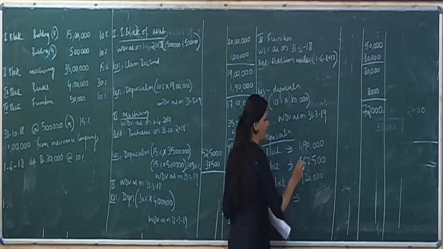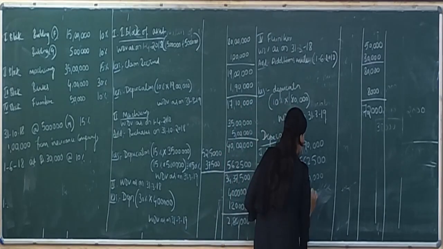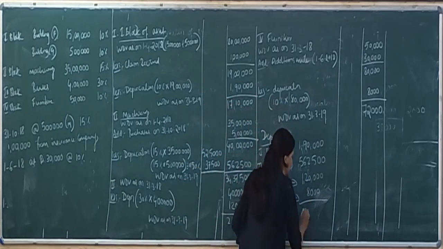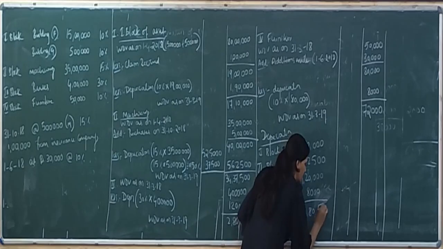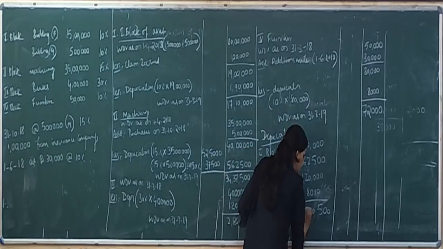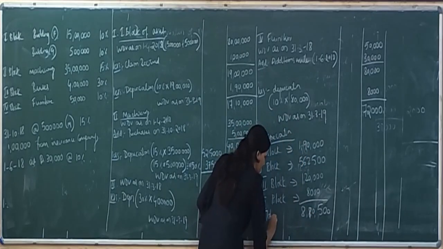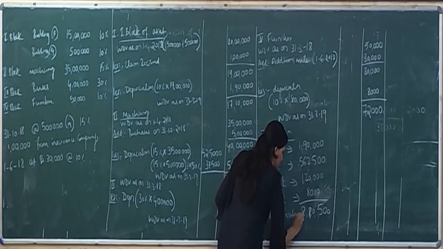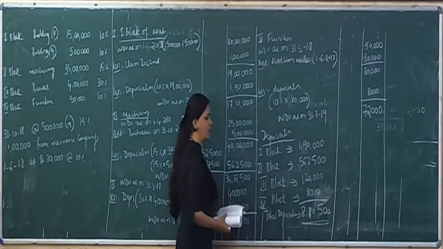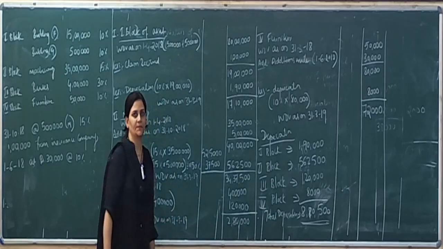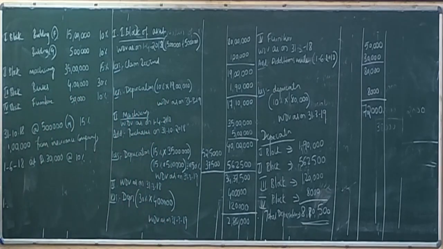And lastly, fourth block, we have 8,000 as depreciation. So when we add, we get the value of 8 lakh. Okay, so this is how we get the total depreciation amount considering the various blocks of assets.